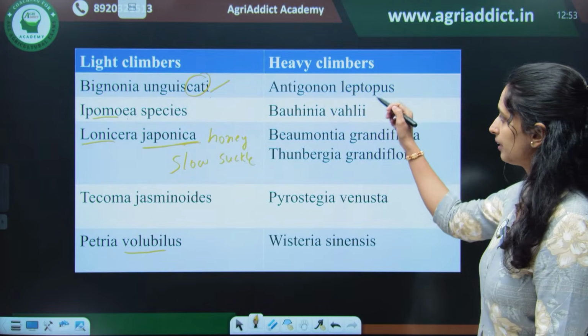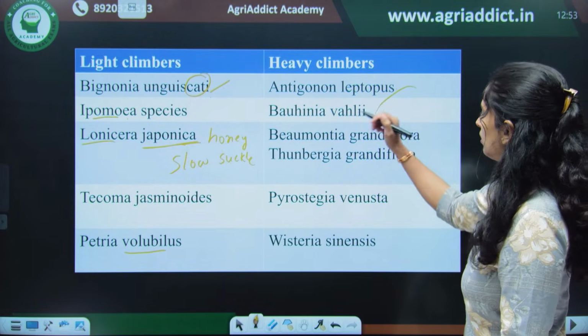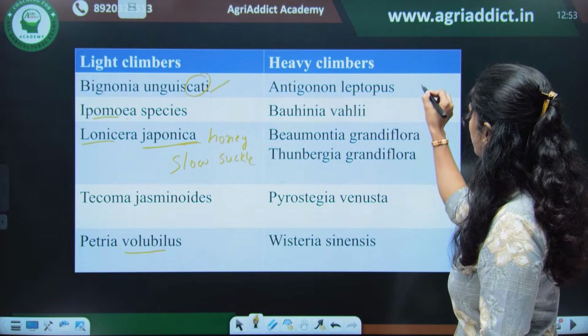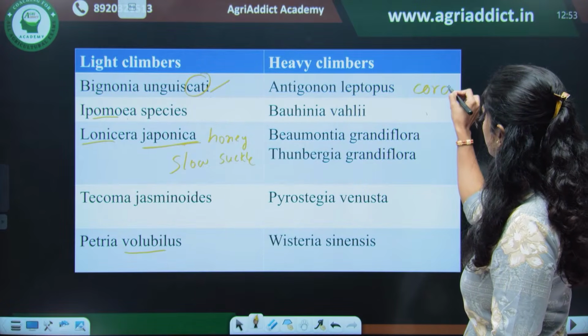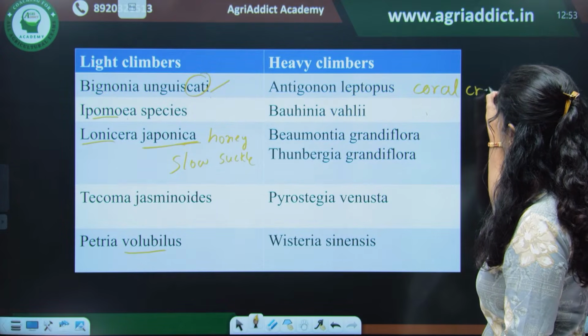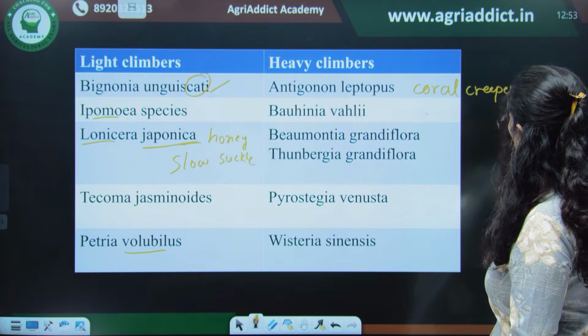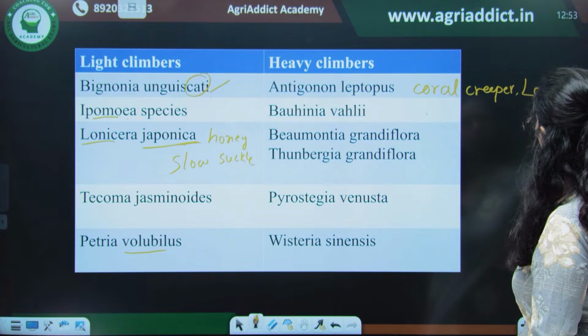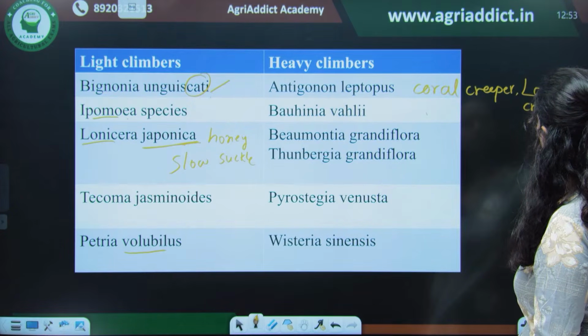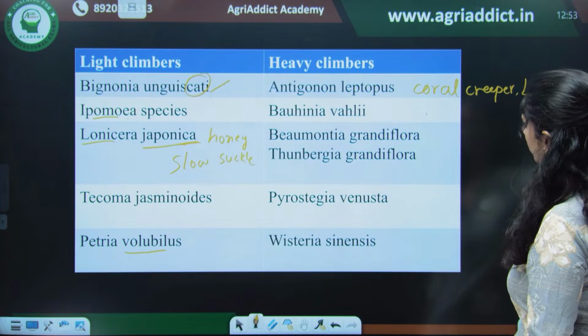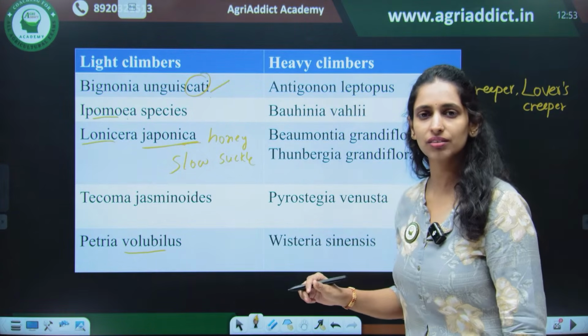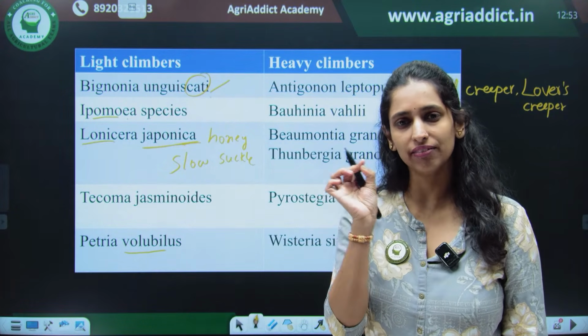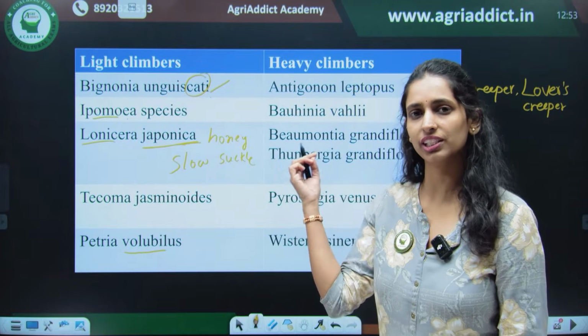And heavy climber Antigonon leptopus, it's called coral creeper or lovers creeper. Antigonon leptopus, the flowers will be very small and very pinkish, very beautiful, looks like coral.